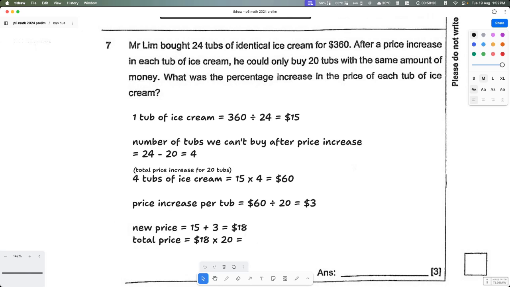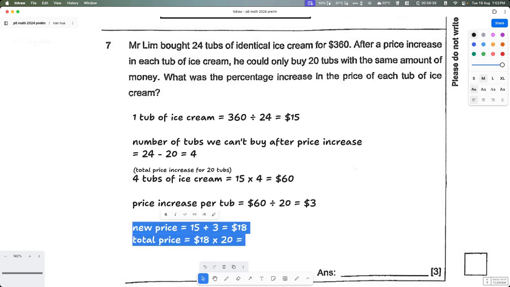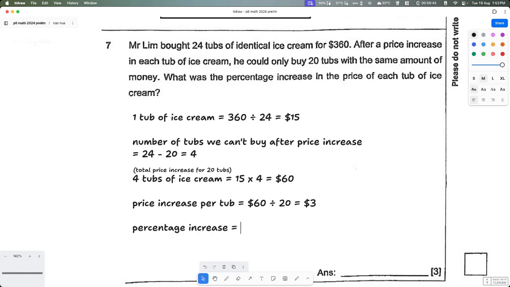Okay, then the last one is percentage increase, which is equal to price increase divided by original price and then times 100%.